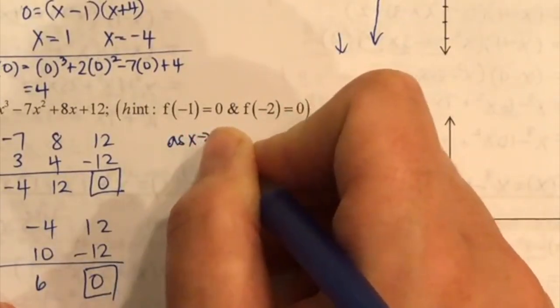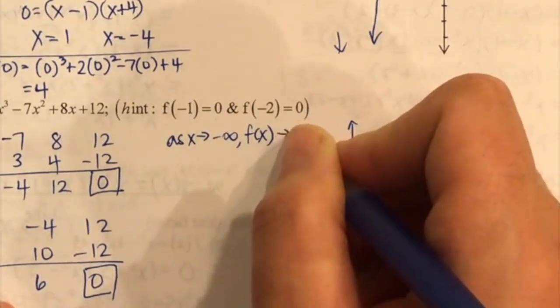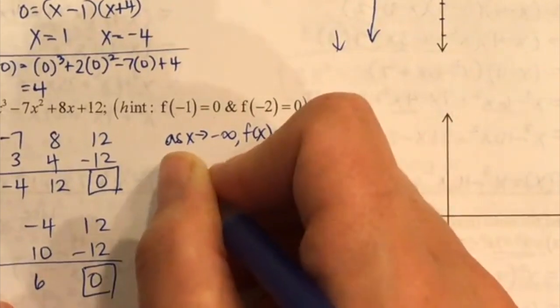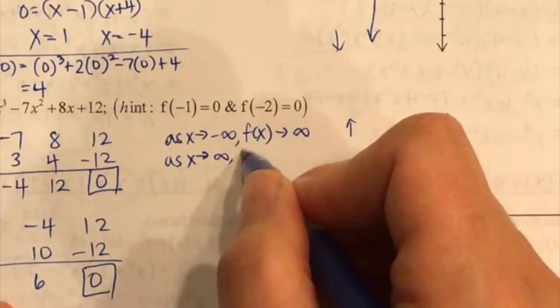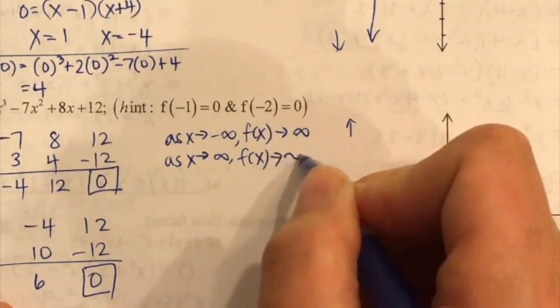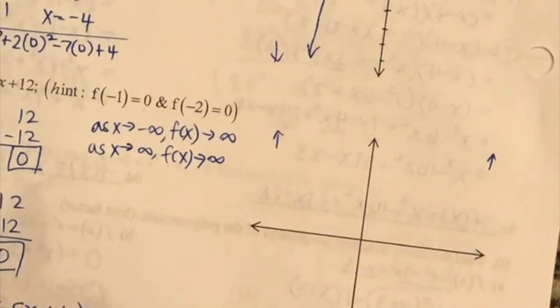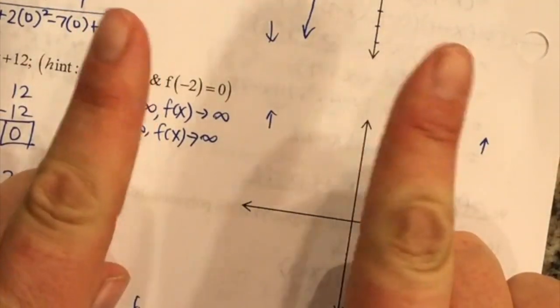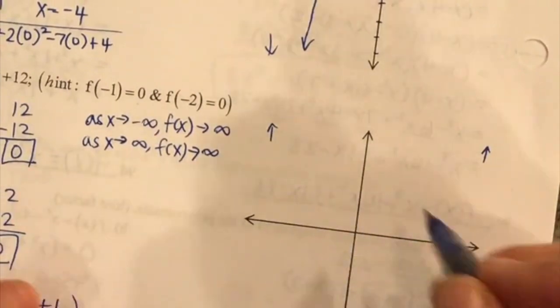As x approaches negative infinity, f of x will go to positive infinity. As x approaches positive infinity, f of x will also approach positive infinity. Again, that's just telling me up and up. And if you were in my class, you'd see me doing my fingers. I go up and up, or I do them down if need be. In this case, they're both up.